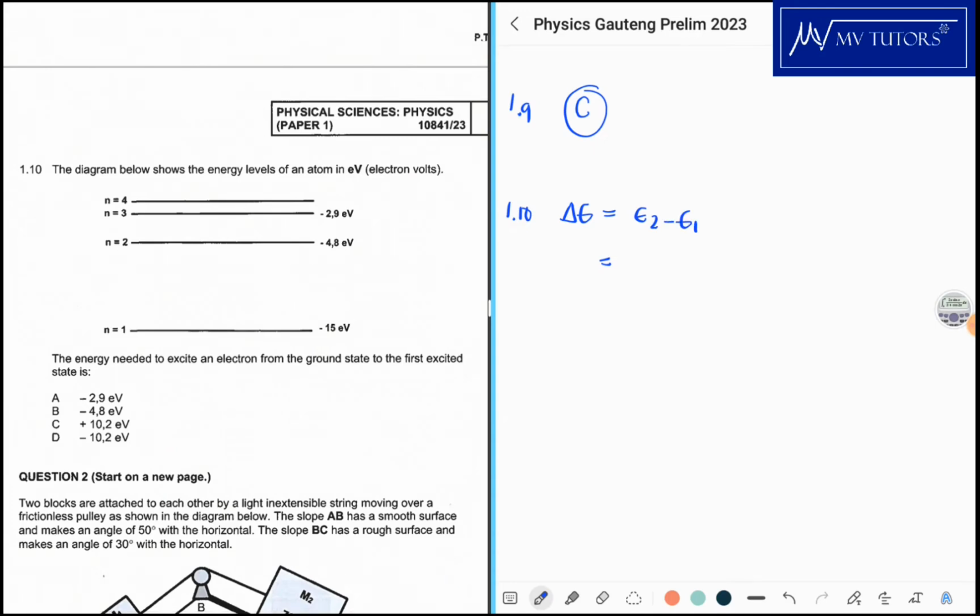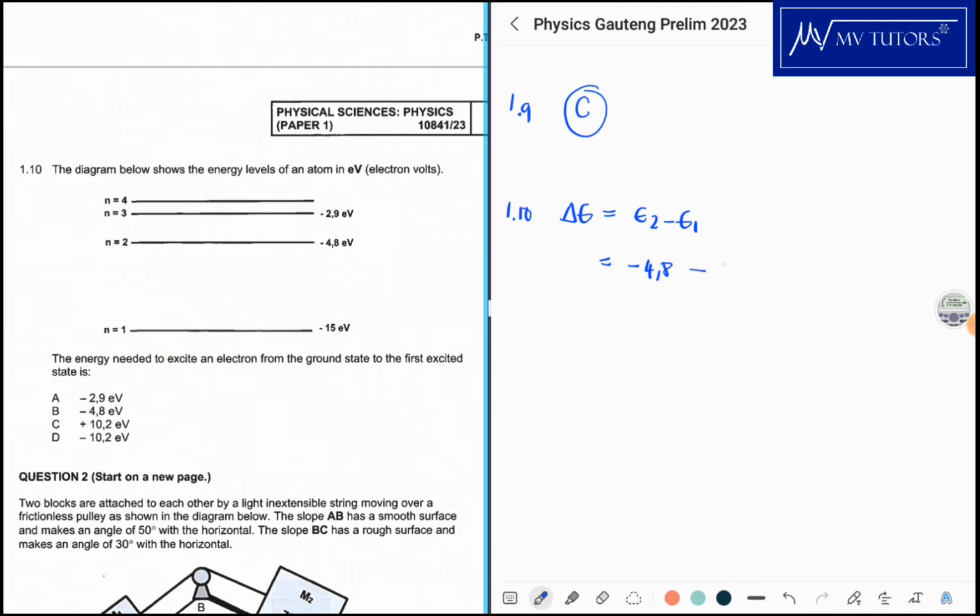So the energy level from the ground state, that's E1, to the first excited state, that's negative 4,8. Here it's going to be negative 4,8 because the final is the first excited state.